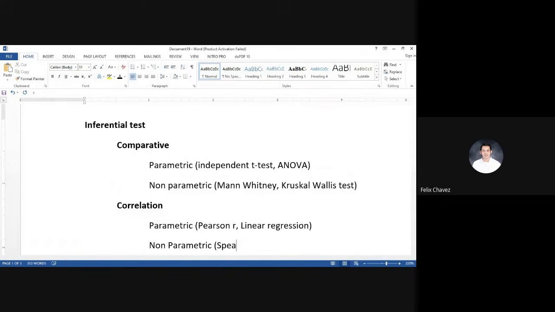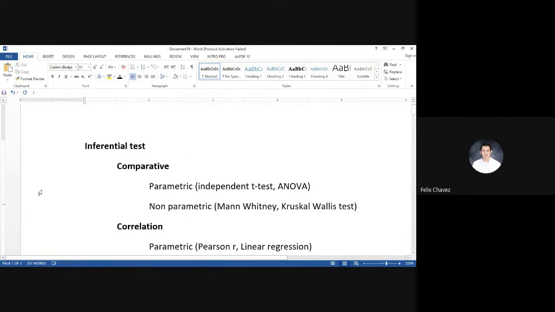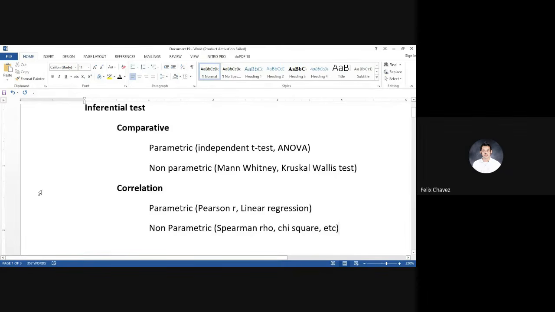We have the Spearman-Rho, or even chi-square test, and some other analysis for non-parametric tests.